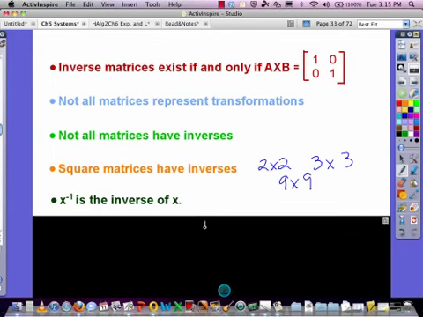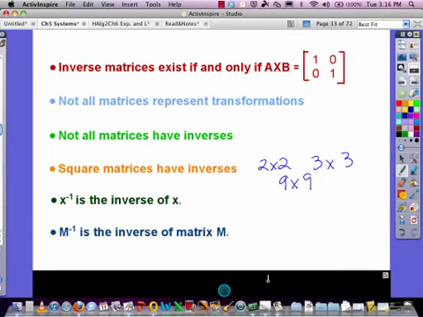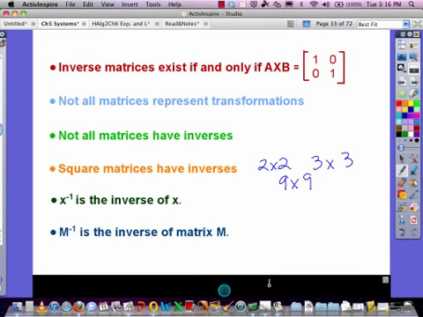Notation: we used x to the negative first power to mean the inverse of our number x. It will also mean the inverse of a matrix. So if my matrix is M, M's inverse would be M to the negative first power. Okay, easy enough, some basic stats we need.